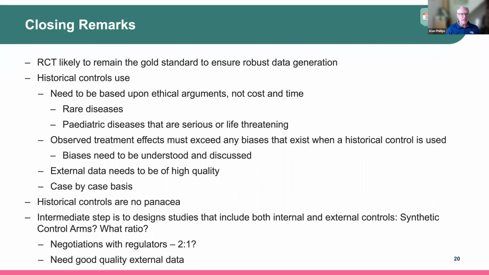So the obvious places for me are things like rare diseases, pediatric diseases that are life-threatening or serious. So you need to make sure the cases are well thought through. And we as sponsors tend to, let's say, try and push as much as we can, but that doesn't necessarily help us as the industry.